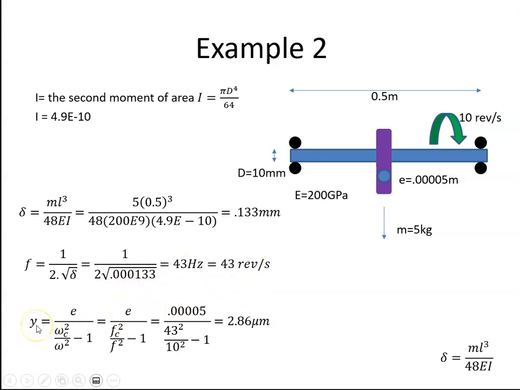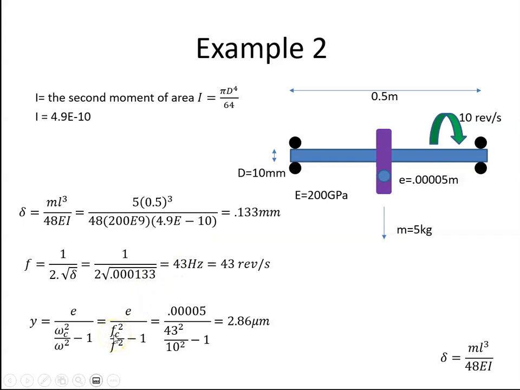The deflection then is equal to the eccentricity, which was 0.00005. We were given that. The critical frequency is normally given in radians per second, but the question gave us the rotational speed in revs per second, which is a frequency.